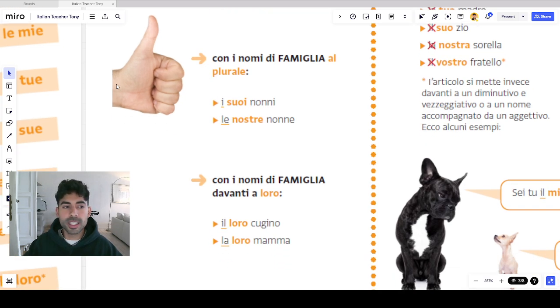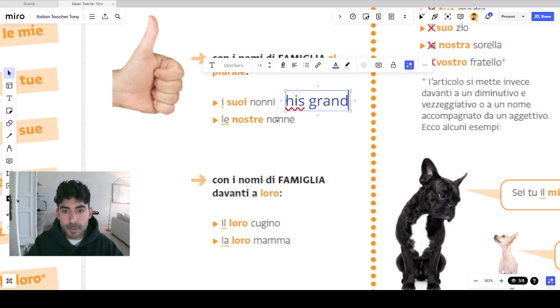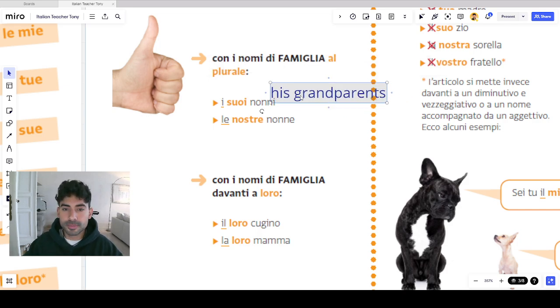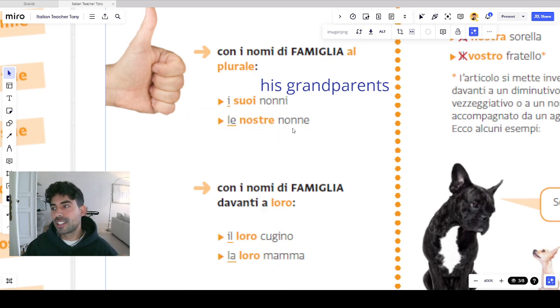For example, i suoi nonni, his grandparents. Grandparents is plural, therefore we will use the article i in front of the adjective. Le nostre nonne, our grandmothers, article in front of it.